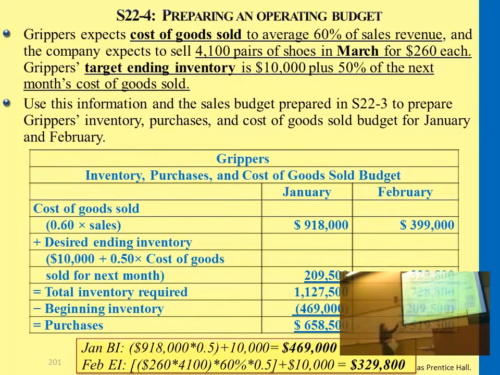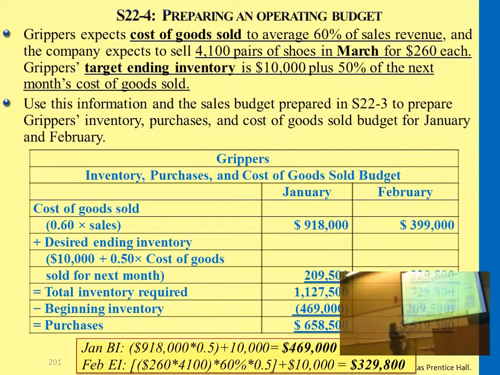Now when it comes to beginning inventory, this is testing whether you know beginning inventory is the previous month's ending inventory. Okay, so this $469,000 is a little tricky to get. It comes from last month's ending inventory, December's ending inventory.